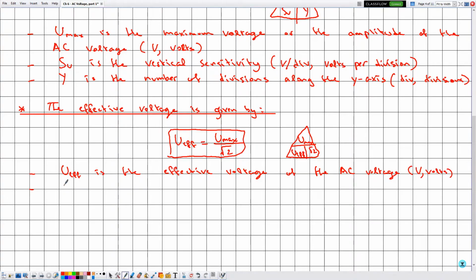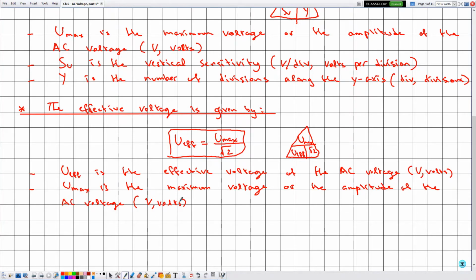And U max is the maximum voltage or the amplitude of the AC voltage, and the SI unit of the voltage is given by V, which stands for volts.